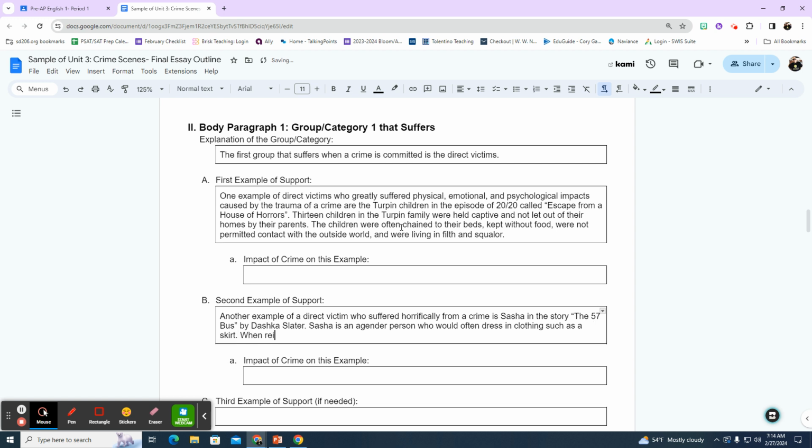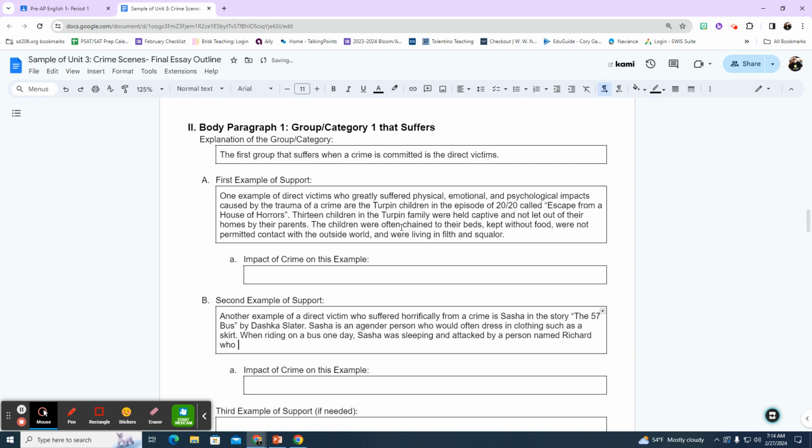When riding on a bus one day, Sasha was sleeping and attacked by a person named Richard who set Sasha's dress, or skirt, I guess you can say skirt, on fire.